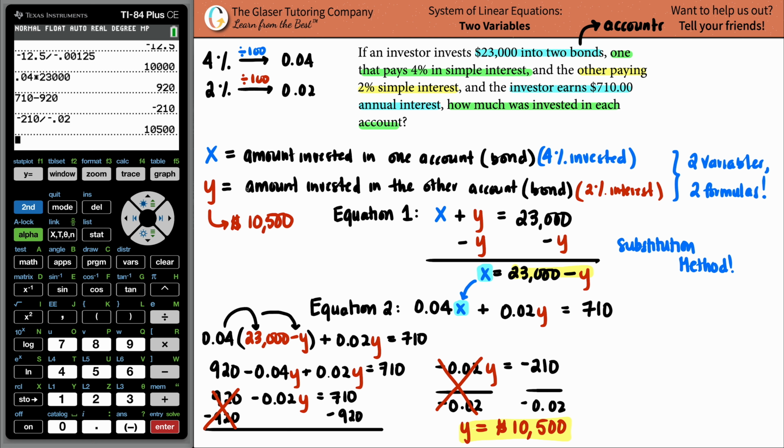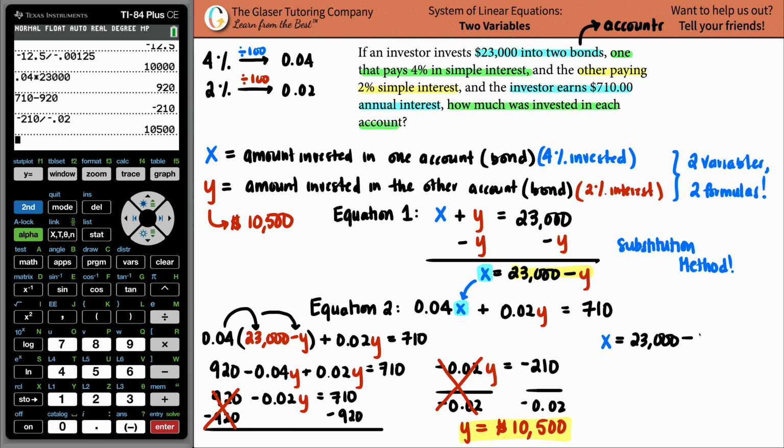Now, let's find out how much was in the other account that had the 4%. Well, we have an equation already that has x equals. So you could always go back into your equations to solve for the other variable. But we know that x equals 23,000 minus y, right?